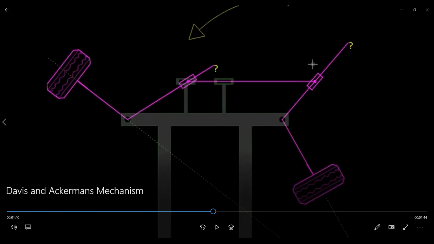That's also why its construction is very complicated. That's why Davis steering gear is not in common use.